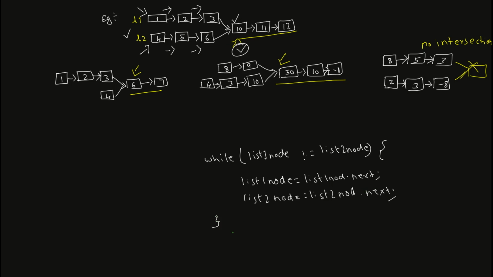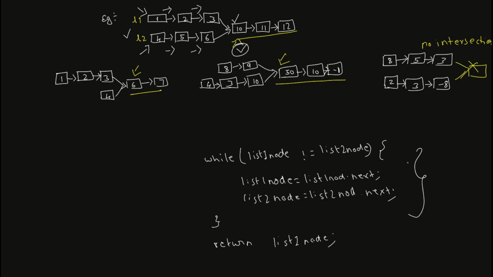Okay, and at the end we will get to this intersection point. So we will just return this intersection point, which can be found in list 1 node and list 2 node as well. We can return either list 1 node or list 2 node. That's our choice. So yeah, we came up with the core logic.